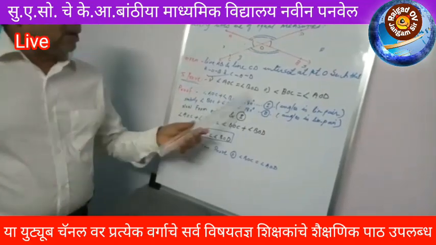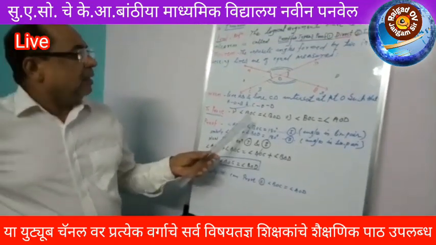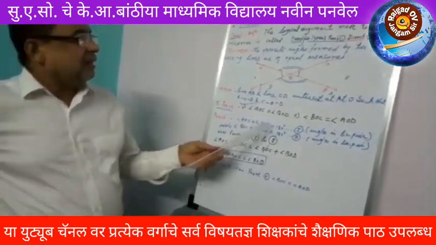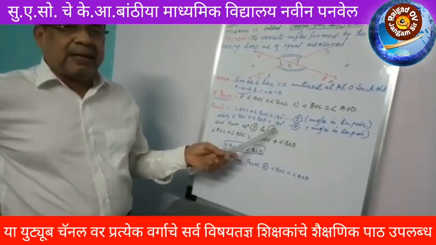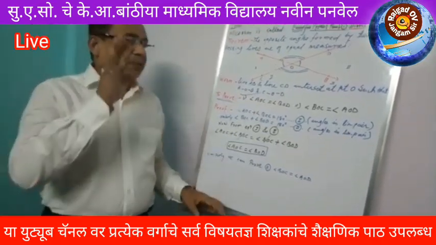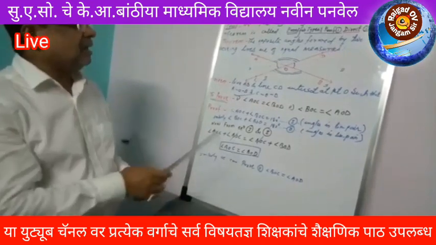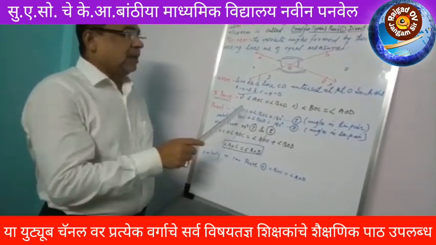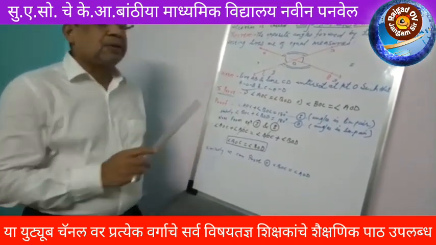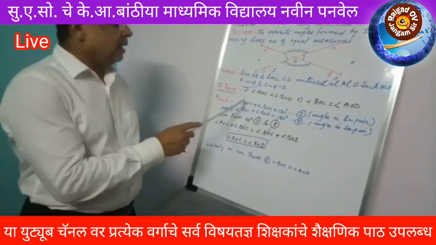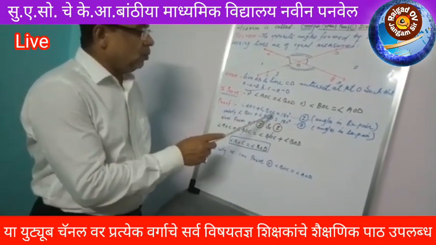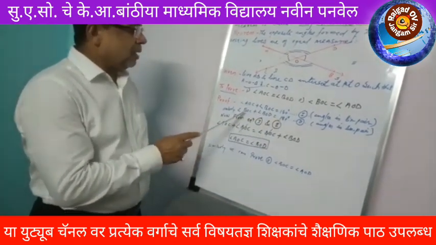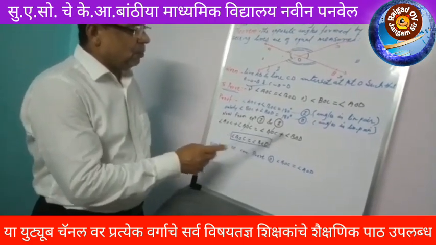From equations 1 and 2, see here, both the equations have the same right hand side, 180 degrees. It means that if the right hand side of two equations is equal, then the left hand side is also equal. Hence we write here angle AOC plus angle BOC equals angle BOC plus angle BOD.